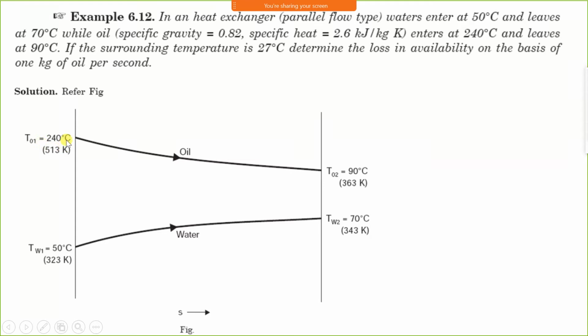This heat exchanger is used to cool the oil. When oil and water pass through the heat exchanger, the temperature of oil will decrease and the temperature of water will increase.